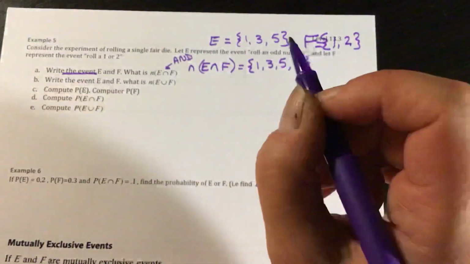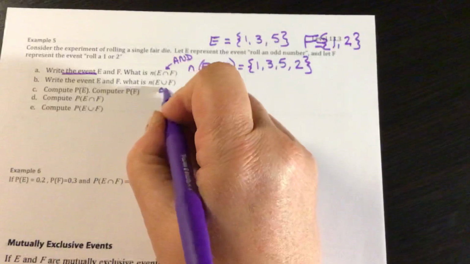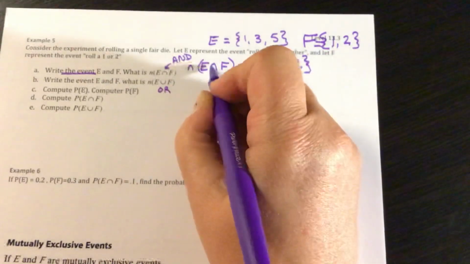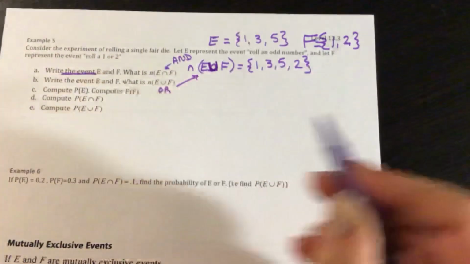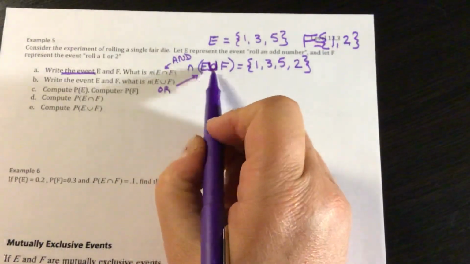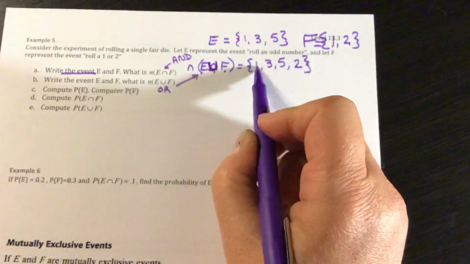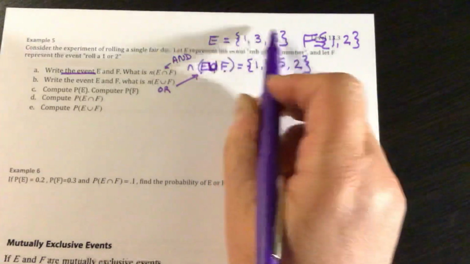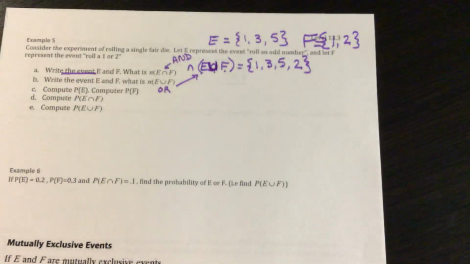Oh, I misread this. This actually is an or. So what I did, I got these mixed up. This is the union of E and F. So 1, 3, 5, and 2 is a list of all the elements in E or F.